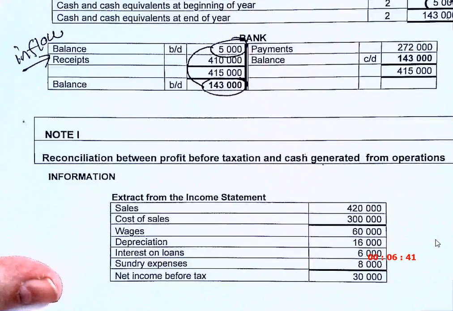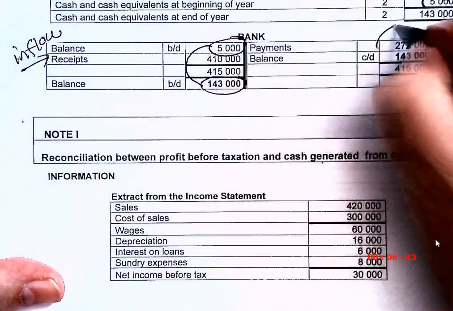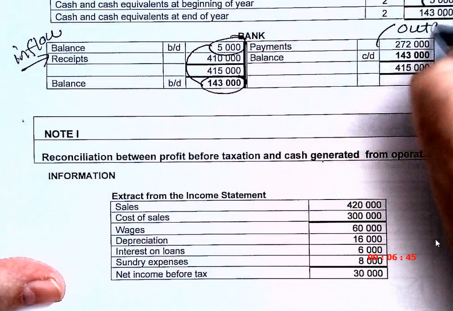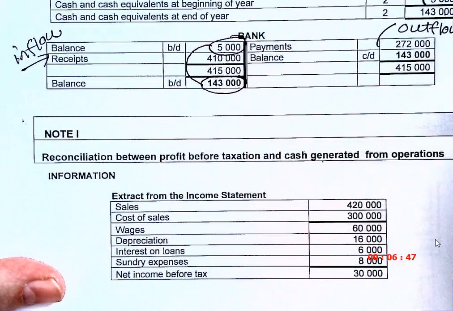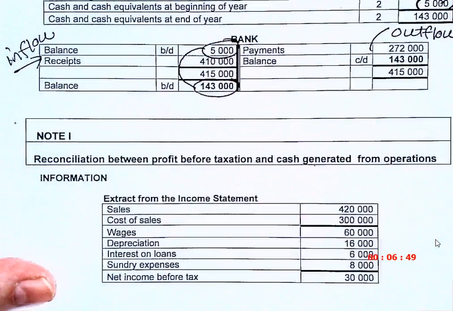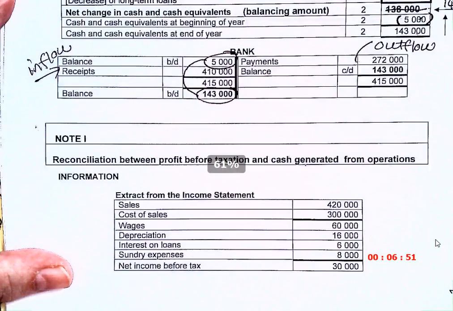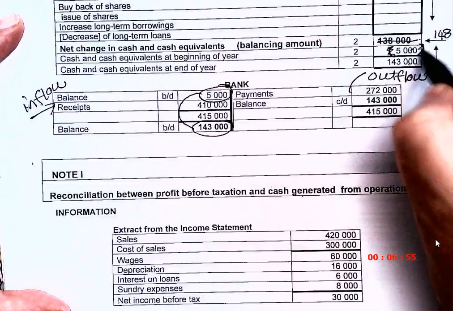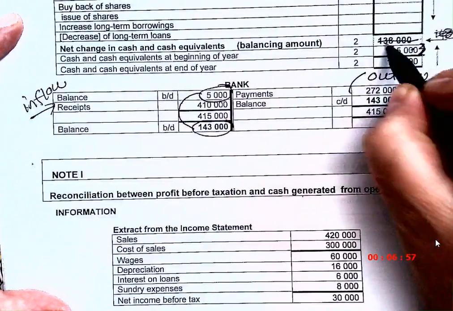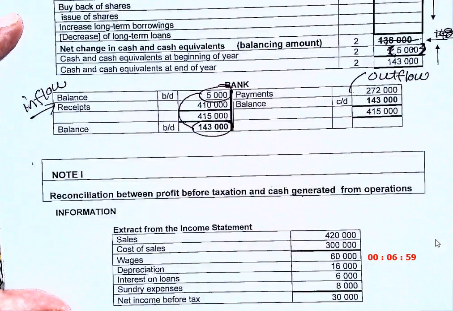Outflow is money going out, meaning payments. So I want to see what is the net that happened. And in this case, remember now, it's without the brackets, the net inflow was 138 Rand.